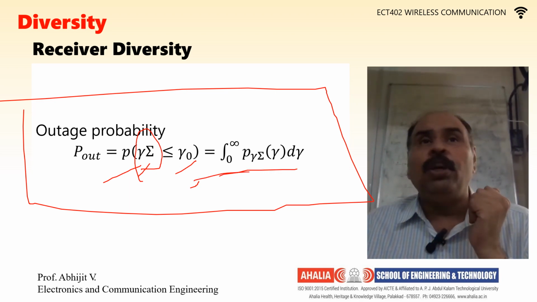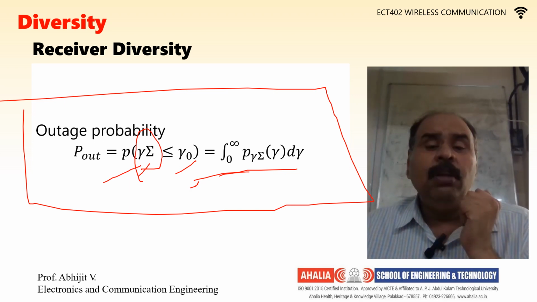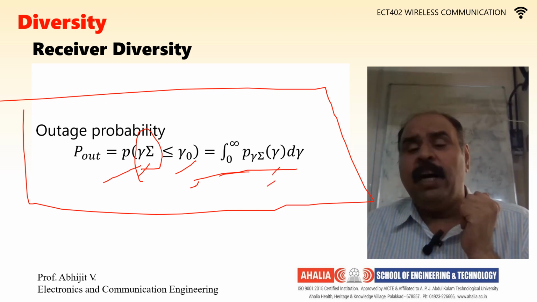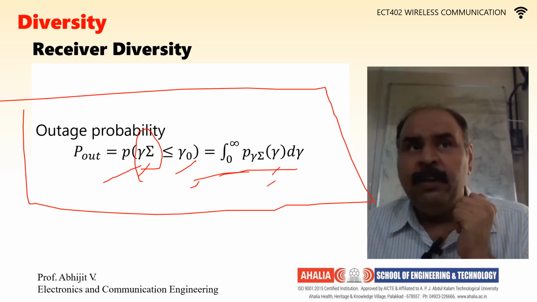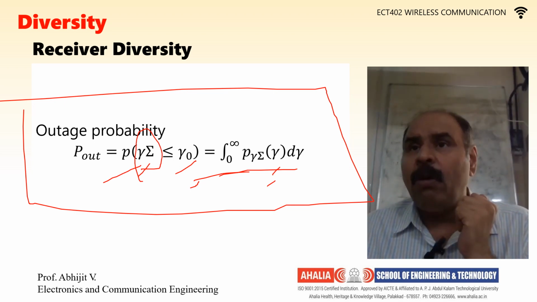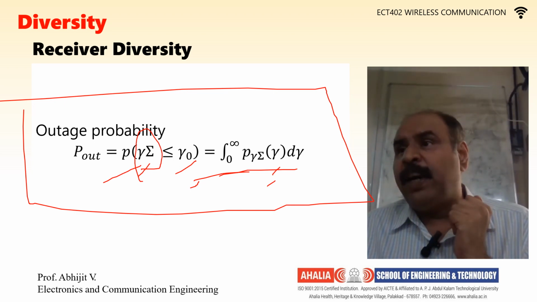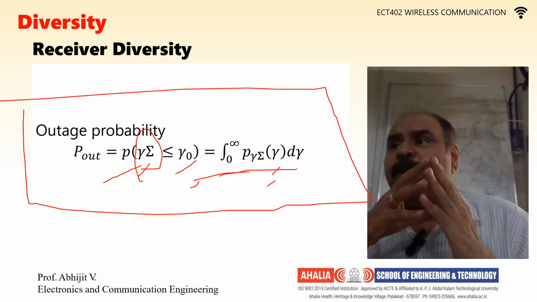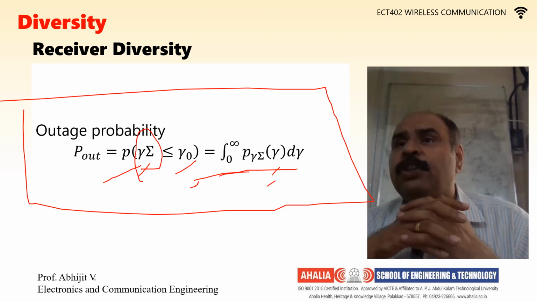That is equal to the integral from 0 to gamma naught of P gamma sigma of gamma, d gamma. So we have defined what is outage probability. How do you analyze the performance of a diversity system?